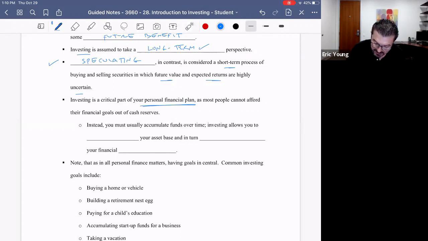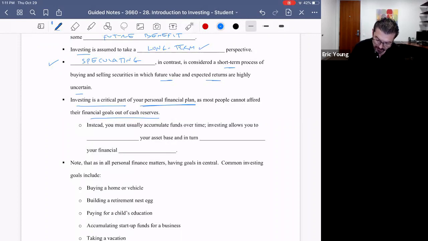But investing is a critical part of it, because at the end of the day, most people who have financial goals cannot afford to pay for those goals in cash out of their reserves right now. Most people who have aggressive, meaningful financial goals at the present moment cannot afford to pay for those in cash.